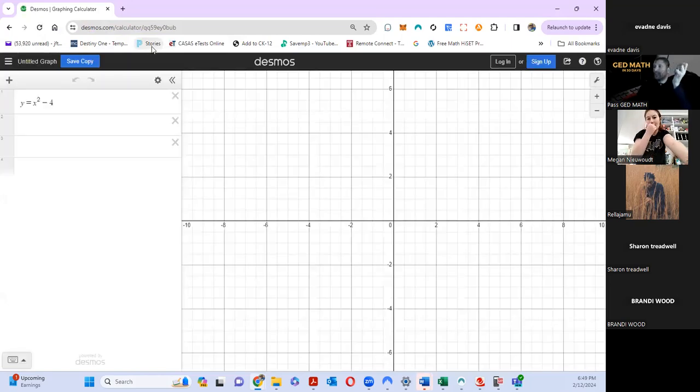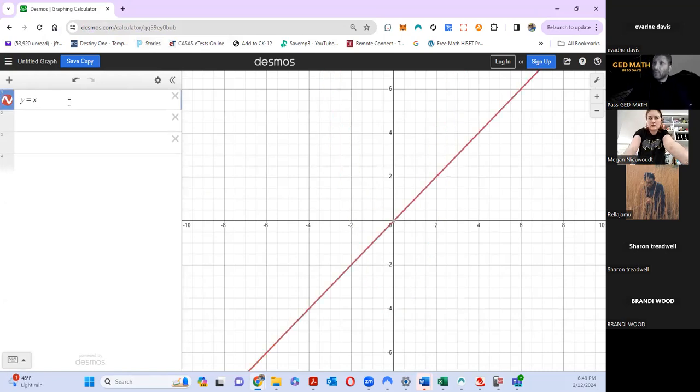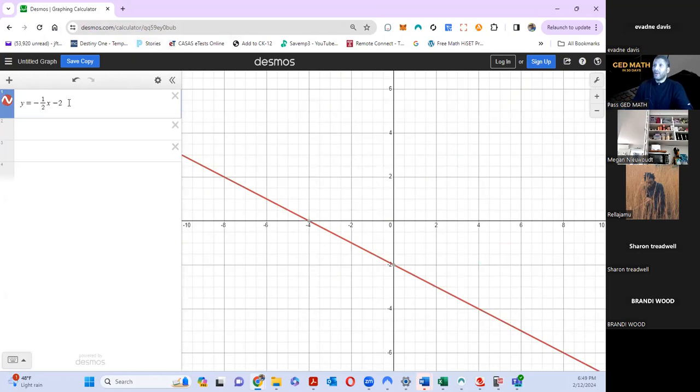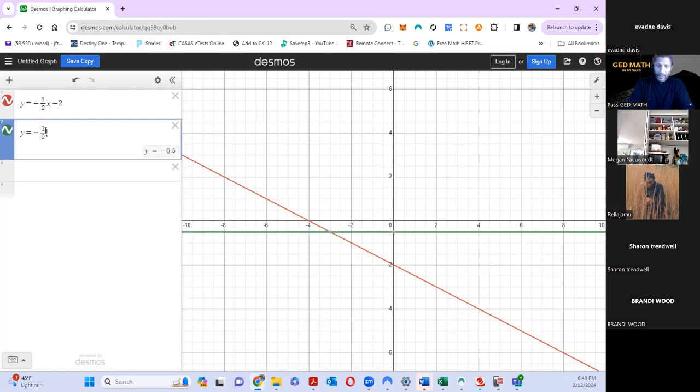So the first equation was y equals negative 1/2 x minus 2, correct? The second equation, I'm going to put another one: y equals negative 1/2 x plus 5.